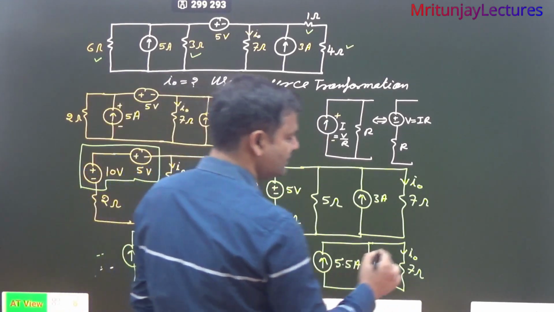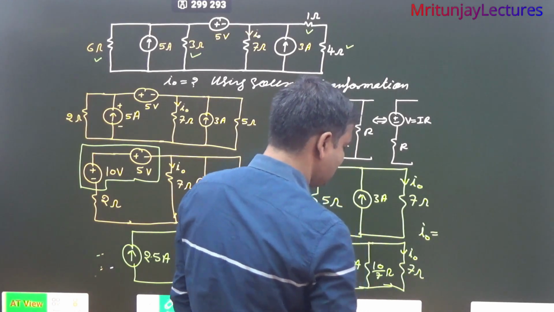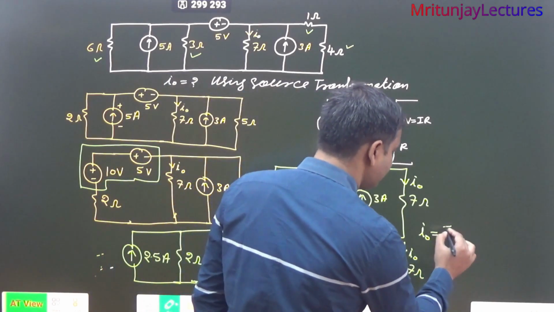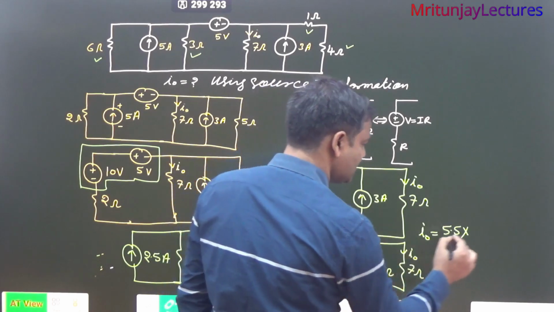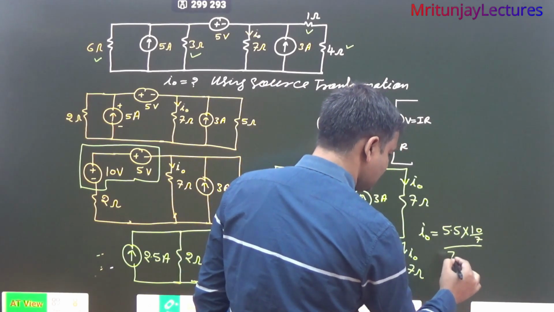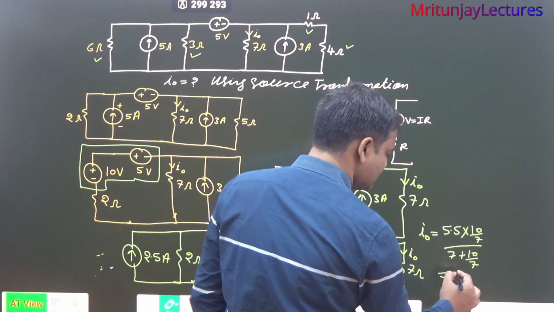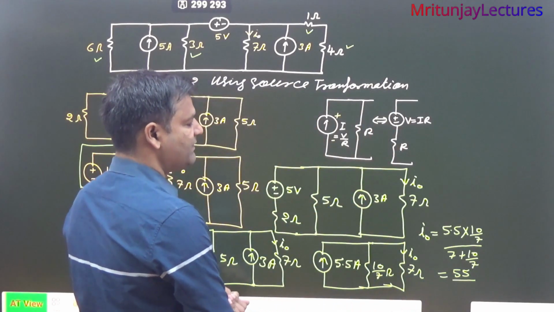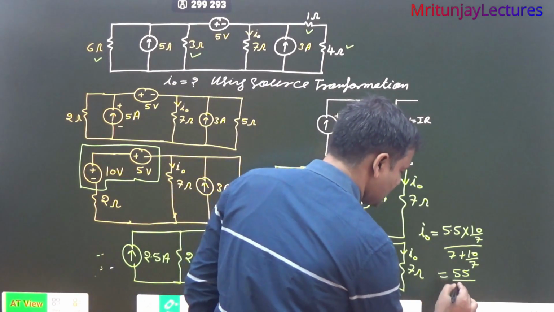Simply apply the current division rule here. Then we got 5.5 into 10 by 7 divided by 7 plus 10 by 7, that is 55 divided by 77 plus 10, that is 87.